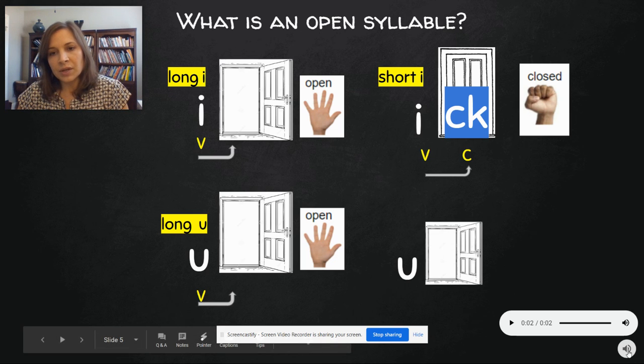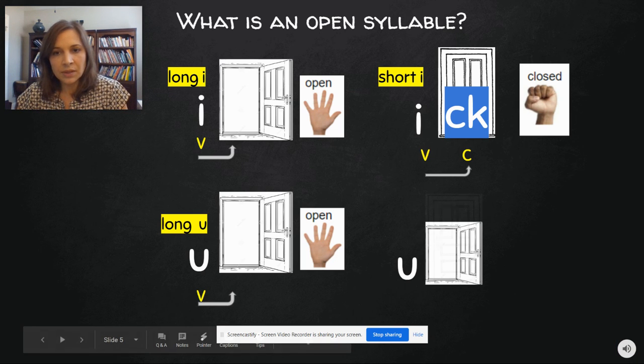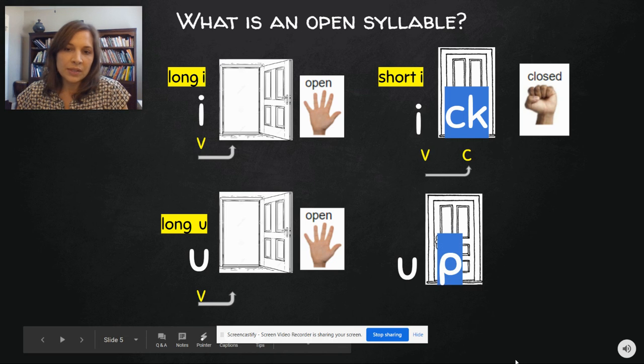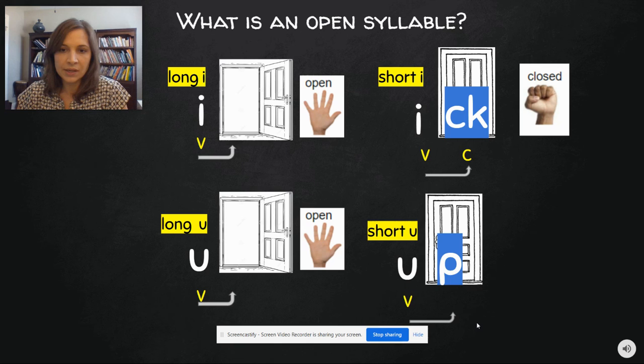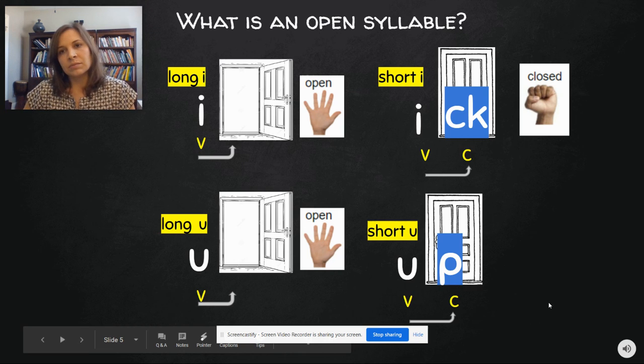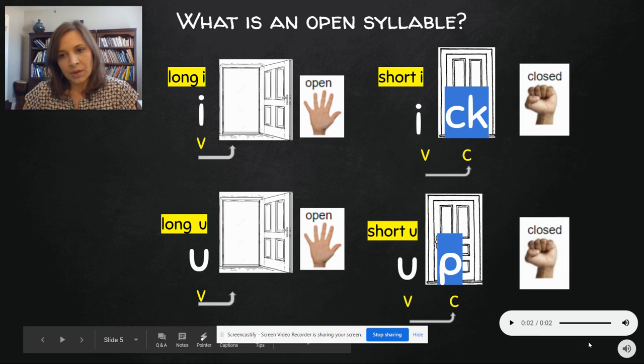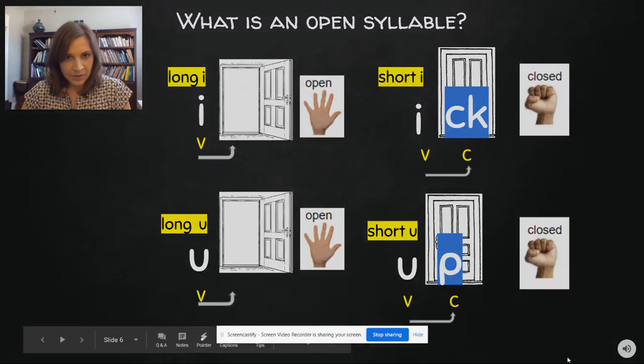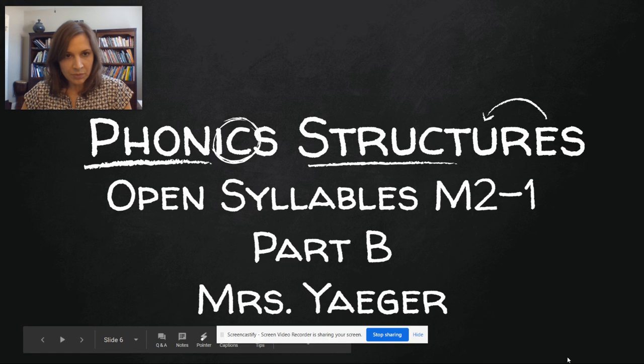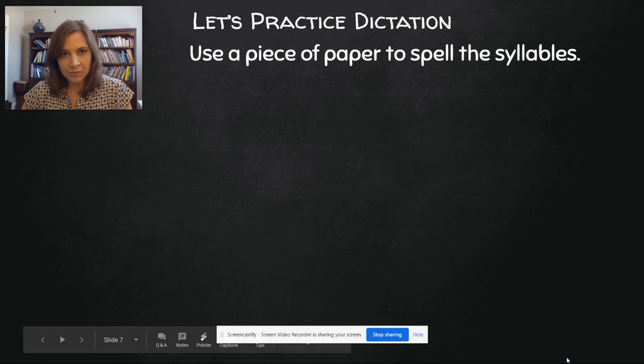We have our door, we're going to close that door, and we're going to add that consonant there, and we have a short U sound. It's no longer U, but up. And we have the consonant closing the vowel in. To the right, what type of syllable is this? Closed. All right. After this, you're going to be watching part B.